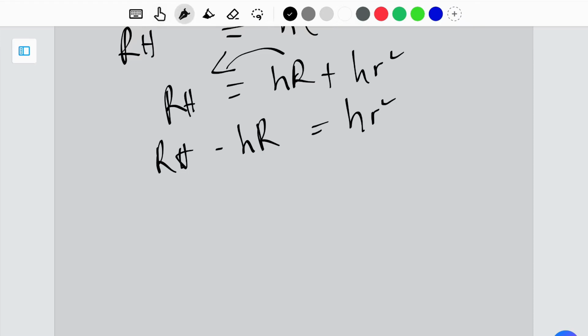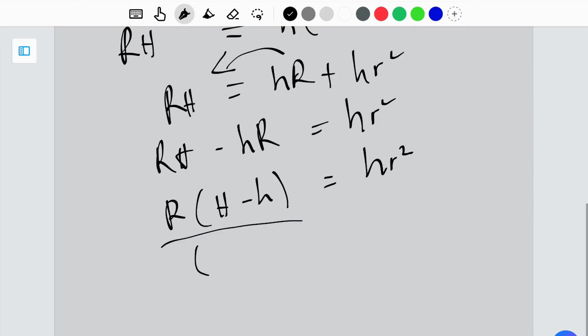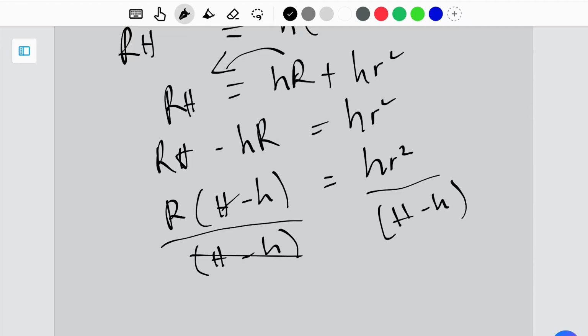There's your common factor R. We factorize it, and we're left with H minus h. Equals HR squared. And then we divide both sides by H minus h. And there you have it over there.